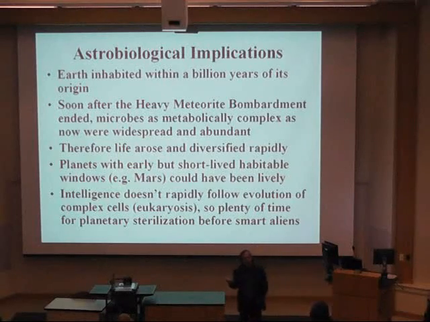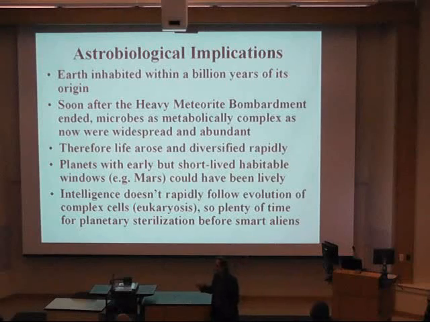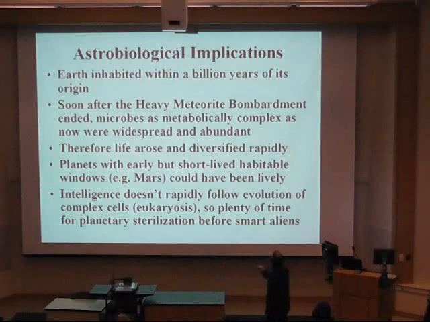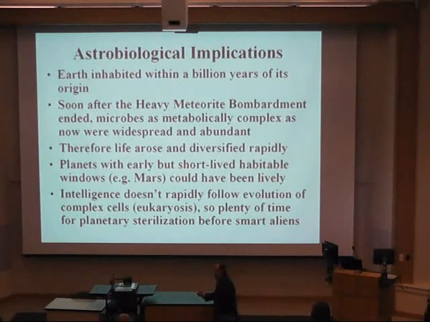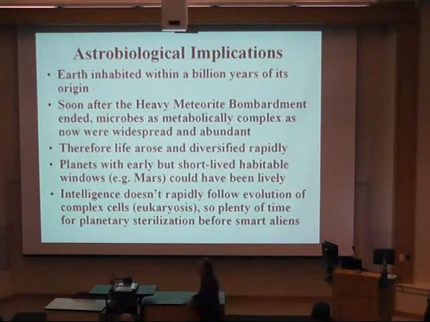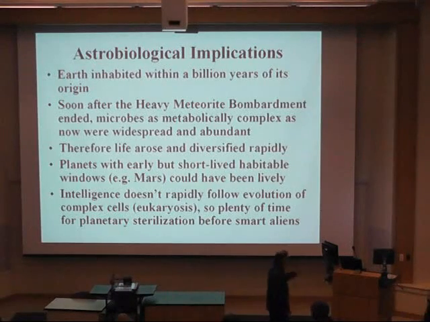And then to go back to our movie Aliens, the aliens we all see are usually of either greater or moderately less intelligence than us, never the same for some reason. Intelligence clearly doesn't follow rapidly from the first appearance of complex cells. We had complex cells that were capable of multicellular organisation almost 3 billion years ago, but it took 3 billion years for someone as intelligent as you, sir, to evolve.